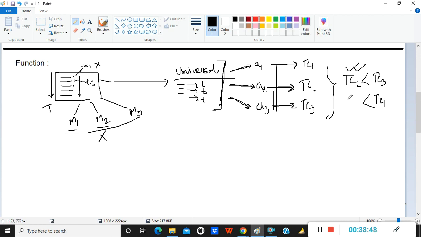If we can decide that TC2 is less than TC3 and much less than TC1, then obviously TC2 is the best algorithm. In that way we will compare the algorithms. So there is no harm in taking this assumption.